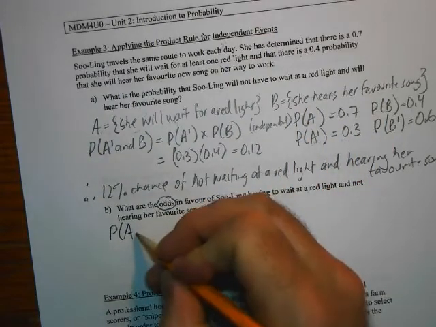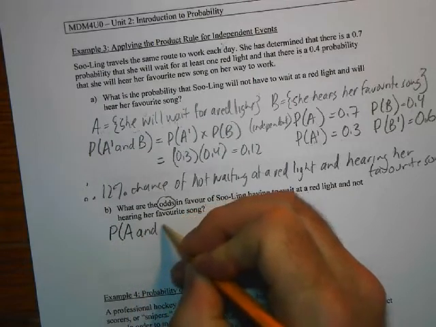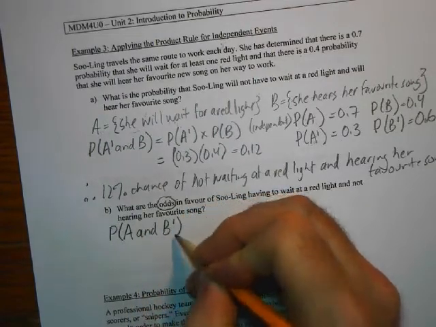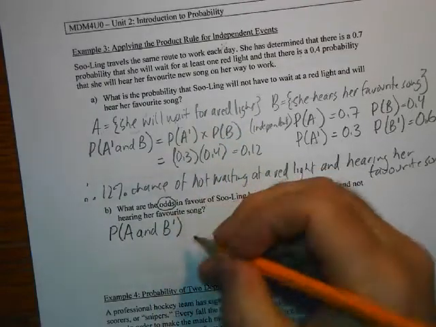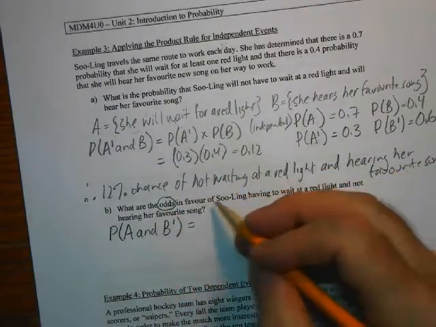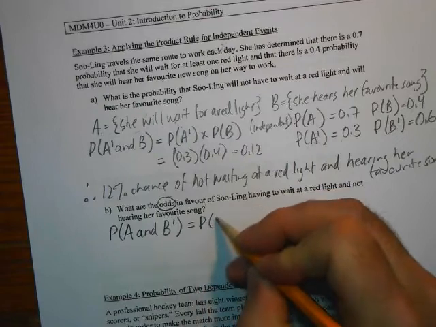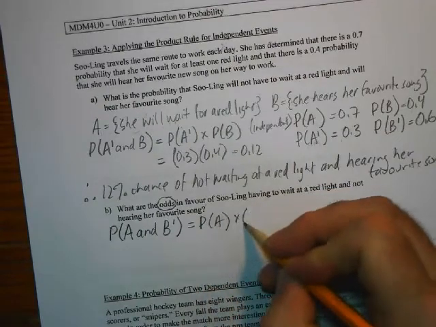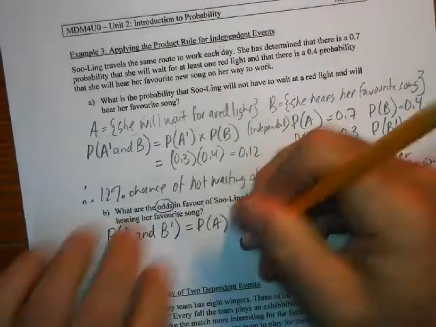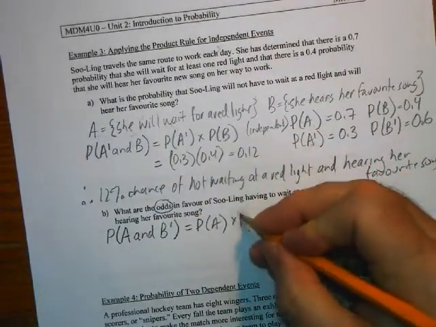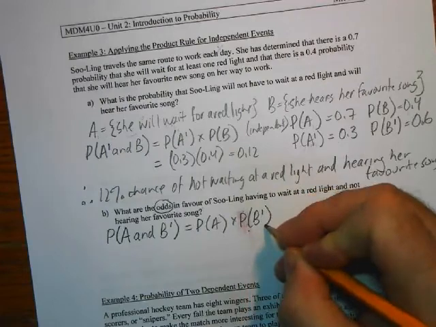So the probability of A and B complement happening. These events are still independent, so we just multiply the two probabilities. This time we use the probability of A times the probability of B complement.